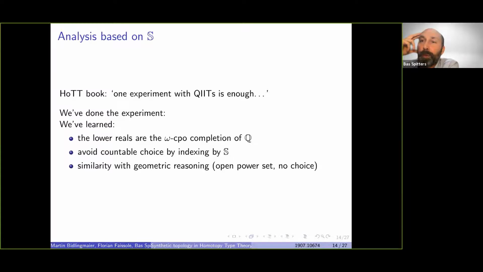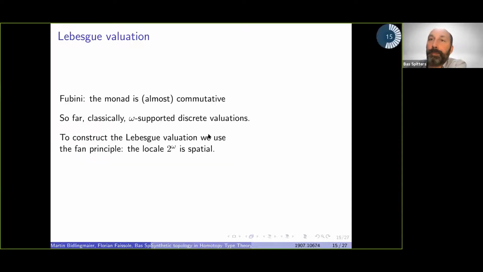So what we need to avoid here is the power set, and we need to avoid countable choice. So there's a very nice parallel here, and it may not be a surprise because we're really reasoning synthetically about open spaces, and that's also what geometric reasoning does. So it makes sense, but still I think it was nice that it actually works out.